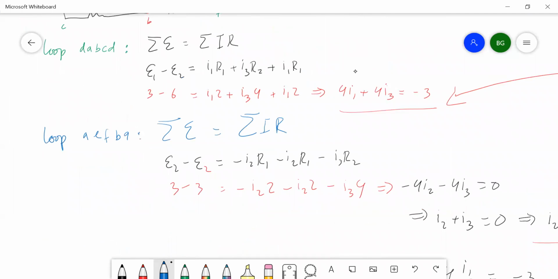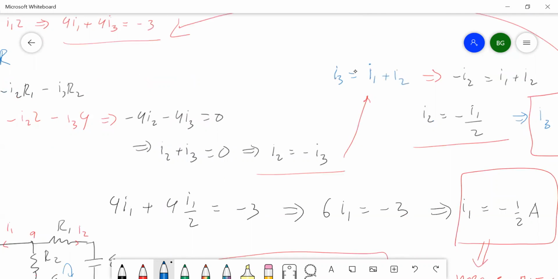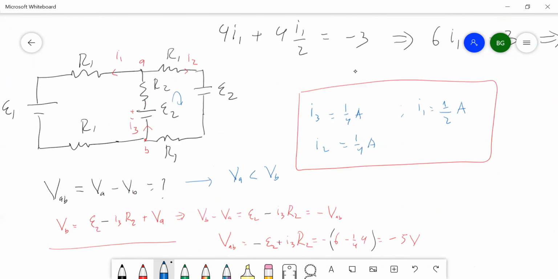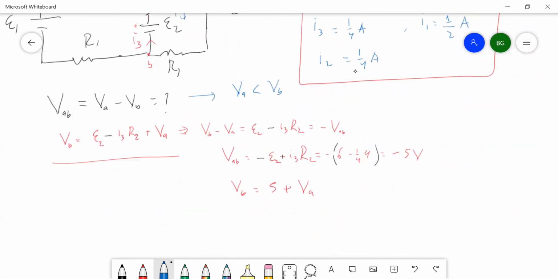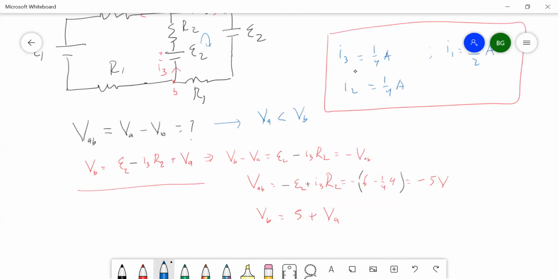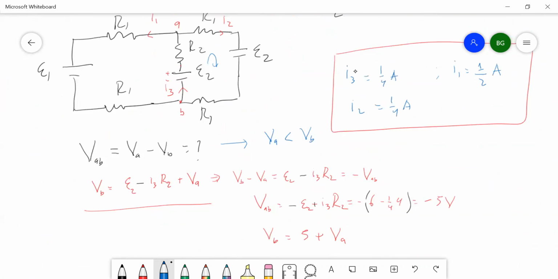I think I have used the same convention. So like this one, VB, this is where we get negative. This is plus, and this is minus.